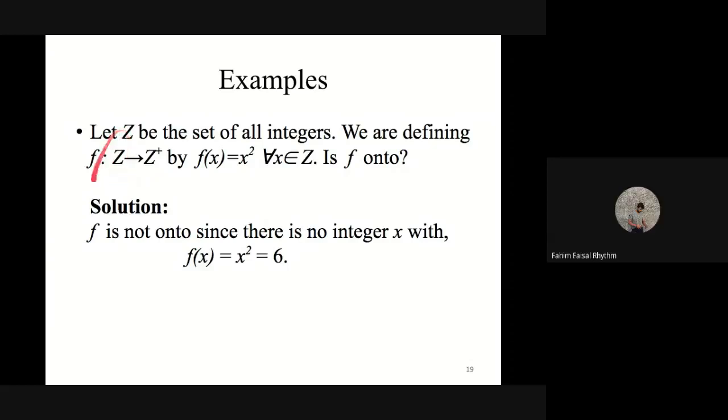If you have R here, 0 is in the domain, right? Yes, miss. But if you have R plus, that's the set of positive real numbers. 0 is not considered positive. For the scope of our course, we will not consider 0 in the set of positive real numbers or positive integers for that matter. So 0 is not in the codomain. Is that clear? Yes, miss.